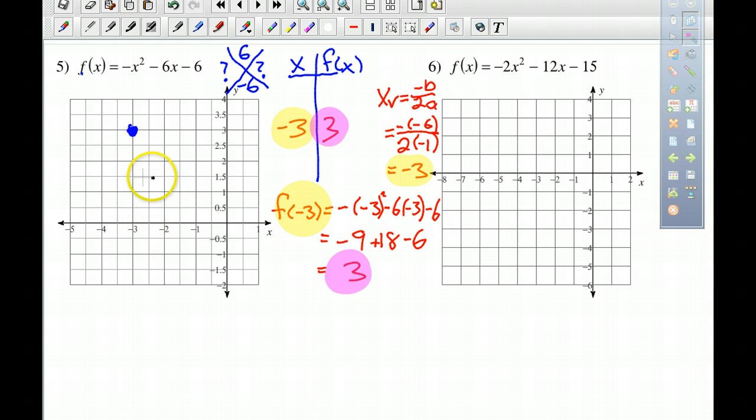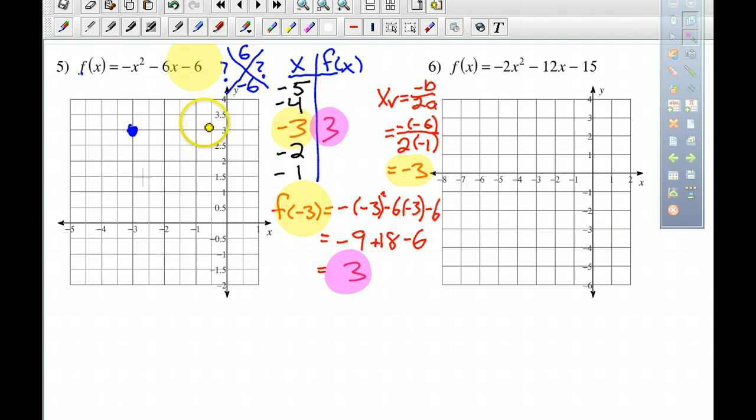Let's pick a few points. What's less than negative 3? Negative 4, negative 5. And bigger than negative 3 is negative 2 and negative 1. Now, what is the y-intercept? Negative 6.